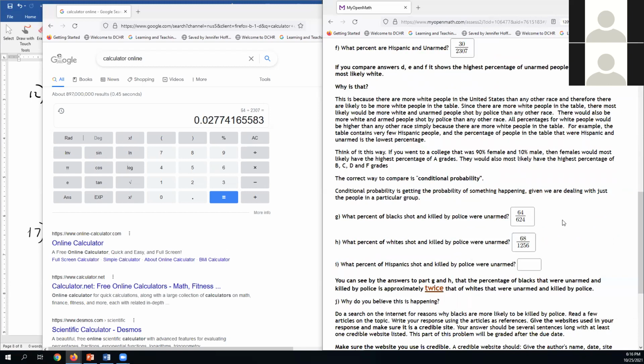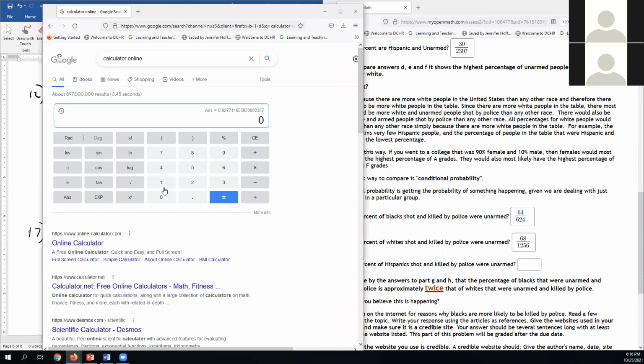So if you look at this percentage, if you use the calculator, you would find out, or here, I'll do this over here. If you do 64 divided by 624, then I got, like I say, about 10%. So 10% of the black folks that are killed by police were unarmed.